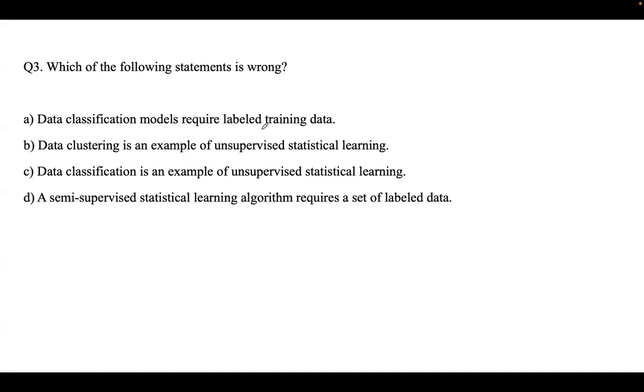And there could be something known as semi-supervised learning, which also requires a set of labeled data. So which of these is incorrect? So remember, clustering, grouping, classification, you have metadata. So which statement is incorrect?